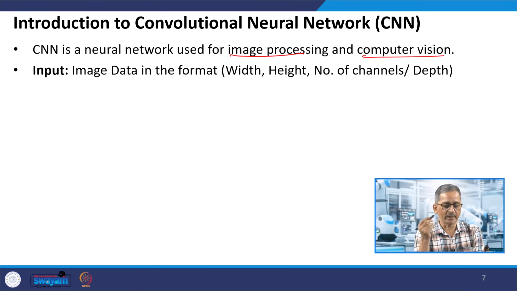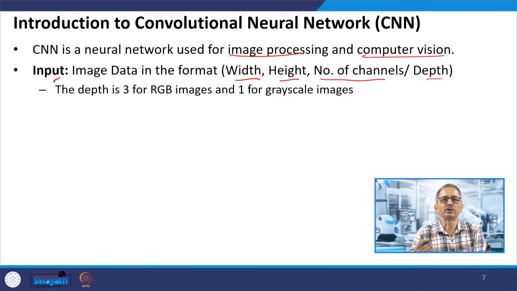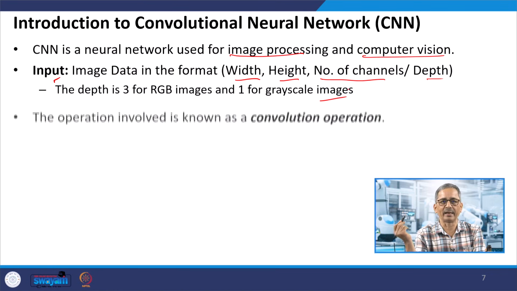Here the input is the image data in the form of width, height and number of channels, or depth. If it is a gray image, you are going to have one channel only, and if it is a color image, you are going to have 3 channels corresponding to R, G and B. So, the depth is 3 for an RGB image and 1 for a grayscale image.